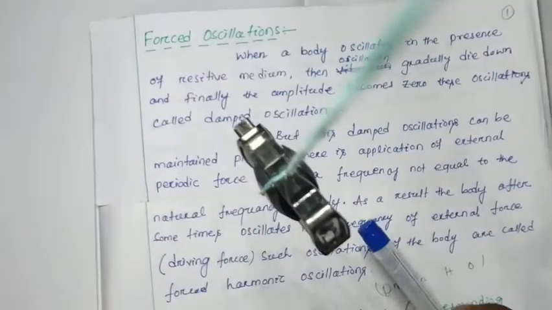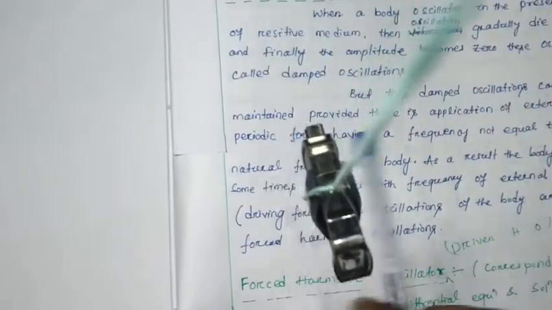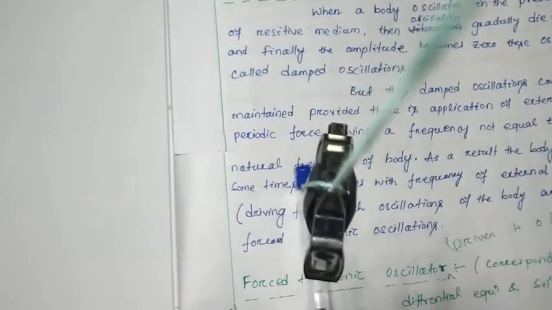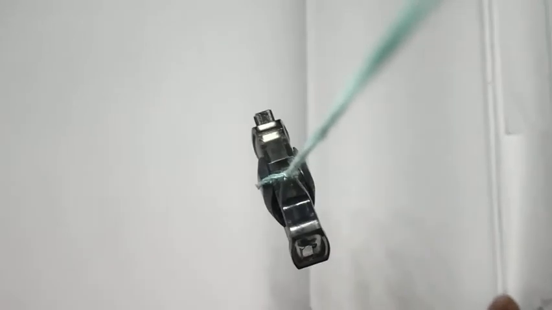But this damped oscillation, as I wrote in the note, can be maintained provided there is application of an external periodic force. External periodic force means a force with a particular frequency.